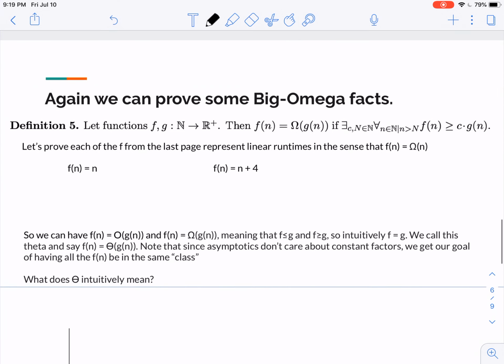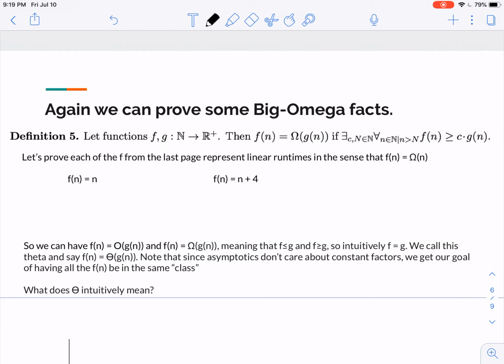Great. So again, we'll prove some facts with big omega, and this will help us understand the definition again. First, I'm going to prove that f of n is big omega of n. The way we're going to do this is we'll choose c equals 1, big N equals 0.